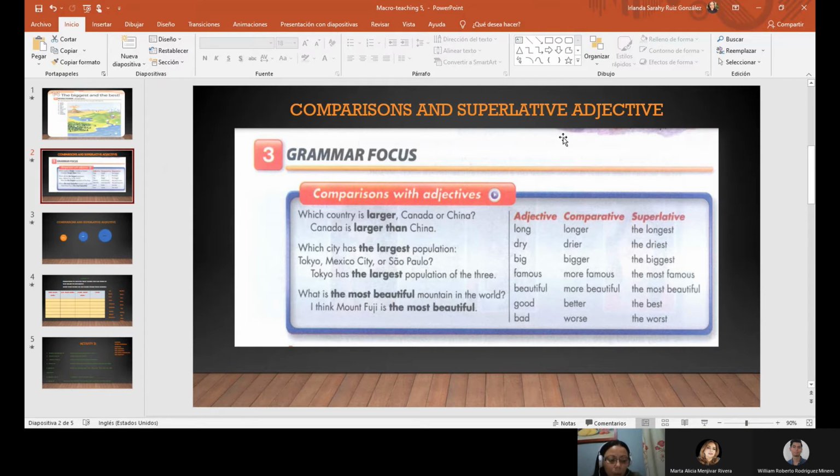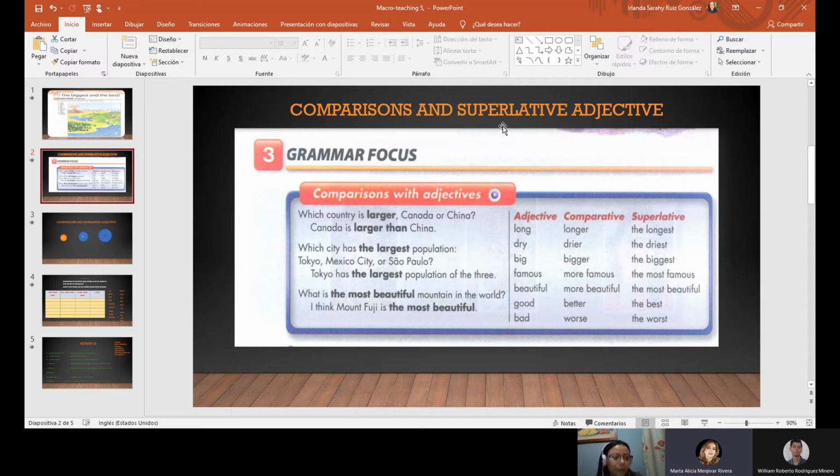But first, I want to remember that adjectives are a class of word that complement a noun to qualify it, expressing a characteristic or property of a noun. In this case, we are talking about adjectives referring to geography.